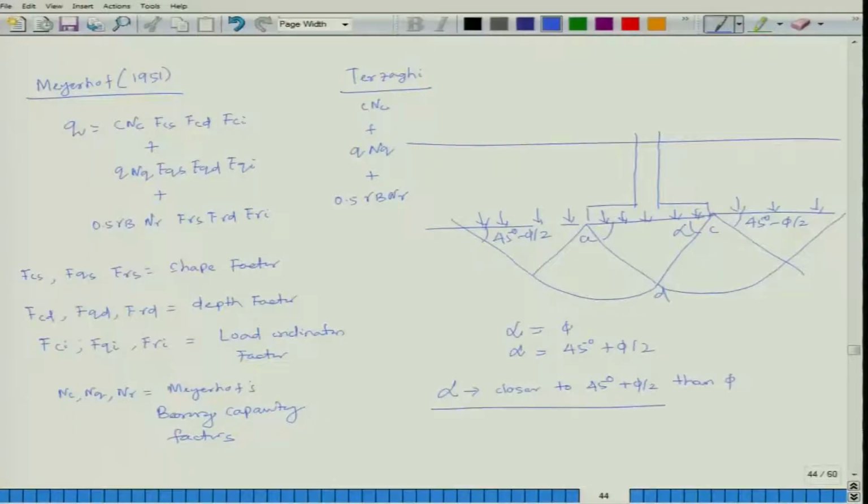It should not be vertical, it should be any load inclination, and alpha, particularly this angle in case of your elastic zone, if it is zone 1, zone 2 and zone 3, is closer to 45 degree plus phi by 2 than phi. It is neither phi nor 45 degree plus phi by 2, rather it is closer to 45 degree plus phi by 2.